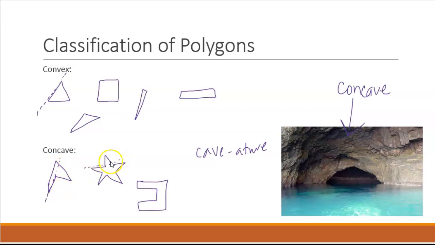Same with the star. Oh, it crosses right through there. It is concave. Any side length that you go along in convex, you will not intersect the interior of the shape, ever. So that's sort of the formal definition. But I think we can look at them and say, oh, these are concave.